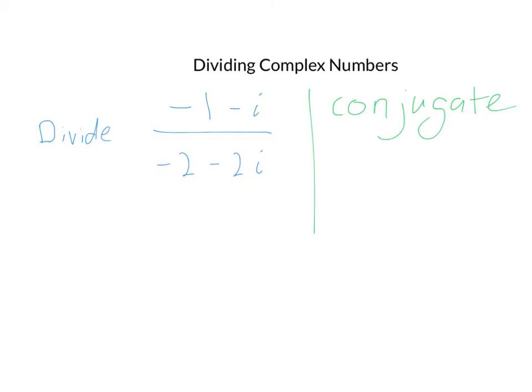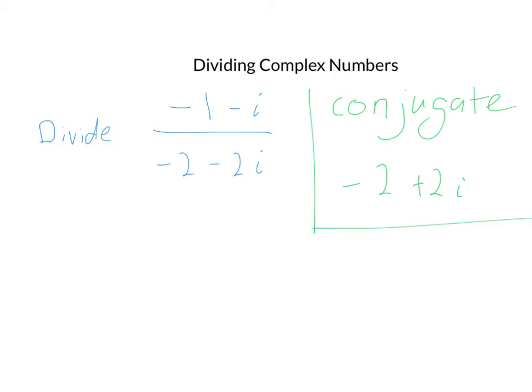So the conjugate of the bottom number, or the denominator, is going to be minus 2 plus 2i. Again, all we've done here is change the sign of the imaginary part of that complex number. So we kept minus 2 the same, we changed the sign here. We don't worry about the top, we're just finding the conjugate of the bottom number, or the denominator as it's called.